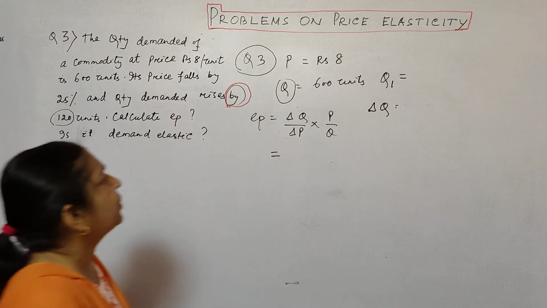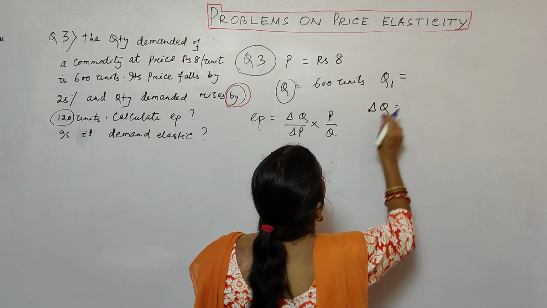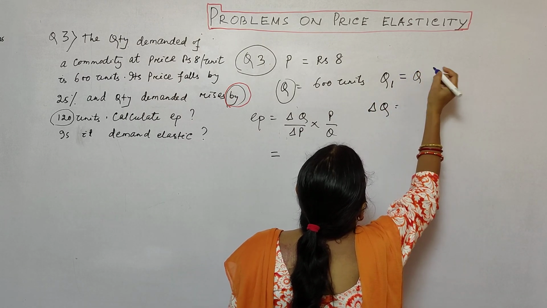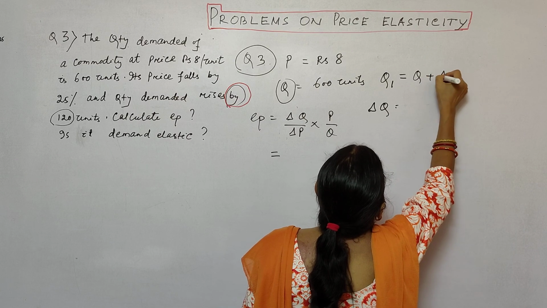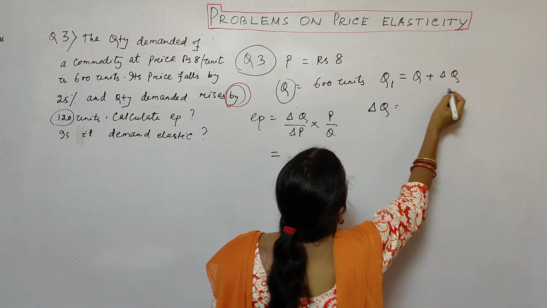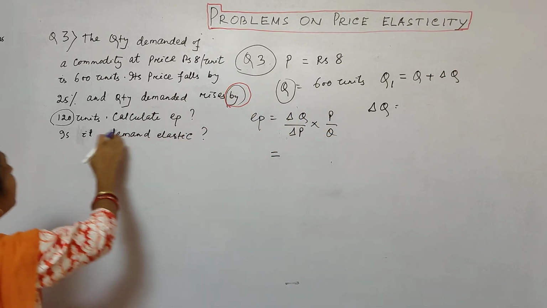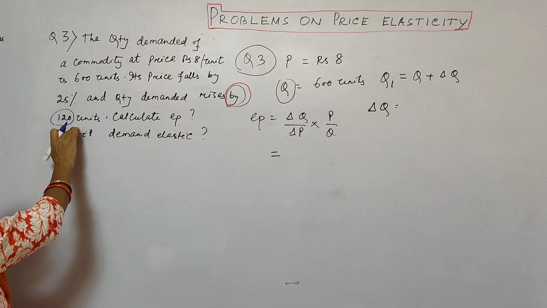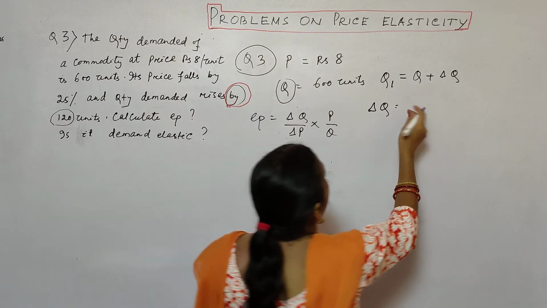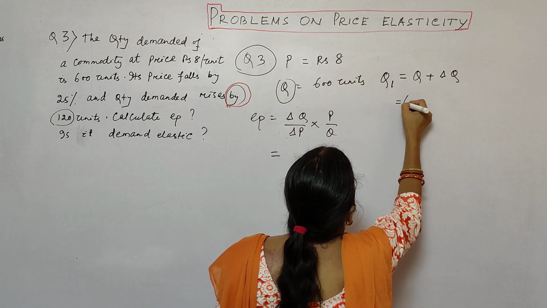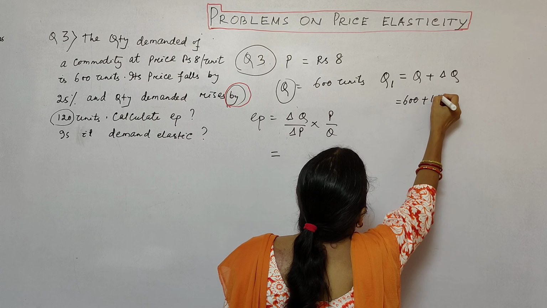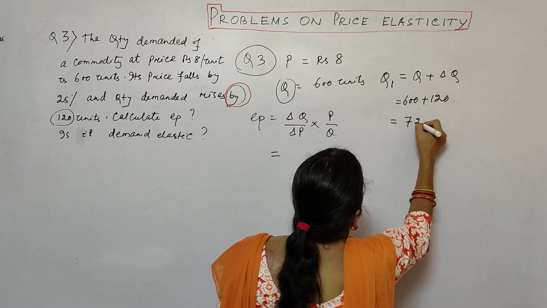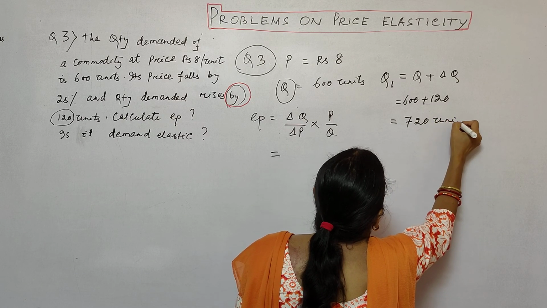The demand rises by 120 units. So Q1 is Q plus delta Q. What is delta Q? Delta Q means this 120, that much rise. So Q1 equal to 600 plus 120 units equal to 720 units.